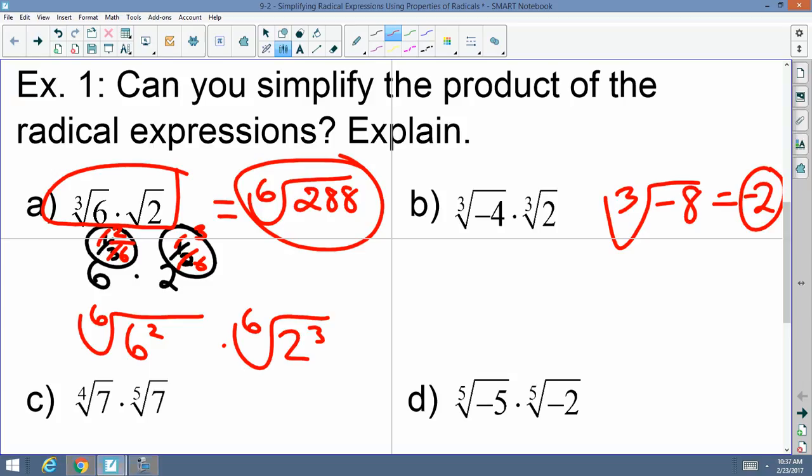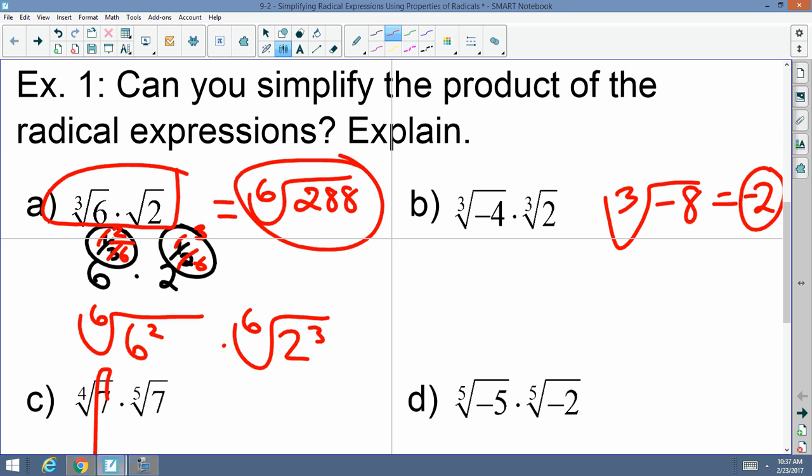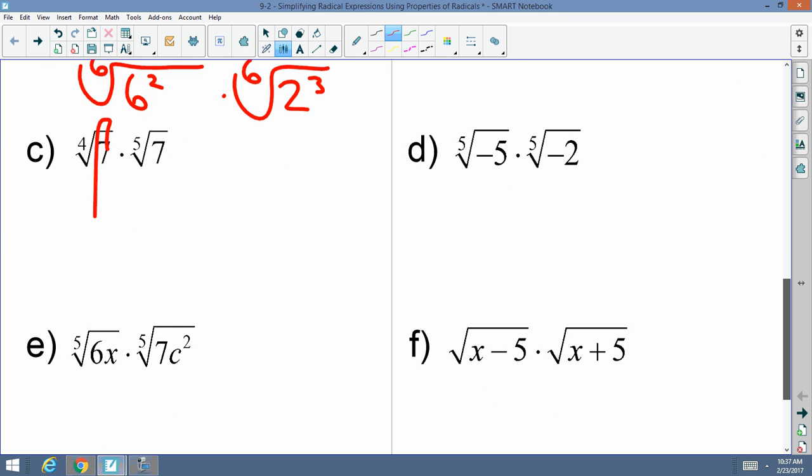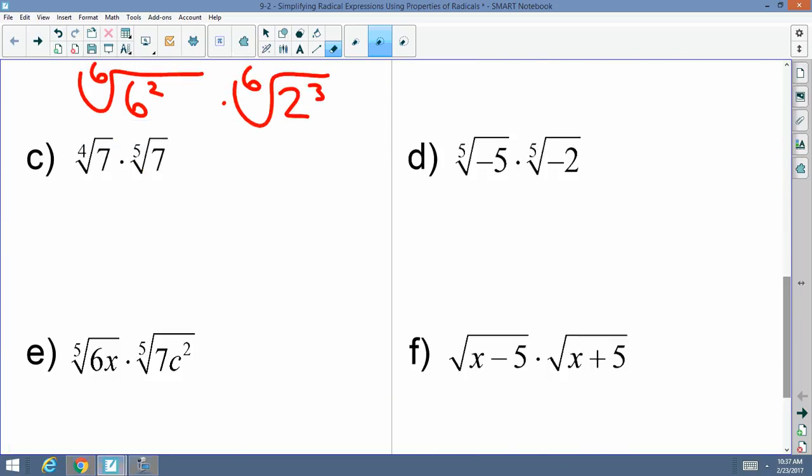Would I be able to multiply the 4th root of 7 times the 5th root of 7? No, but also yes if I go exponential. This is 7 to the 1/4 times 7 to the 1/5. Does this remind you of anything? If I want to multiply these two together, don't I have the same base?